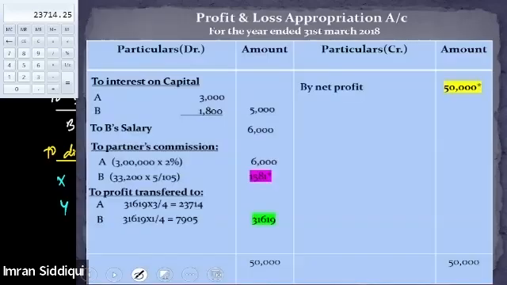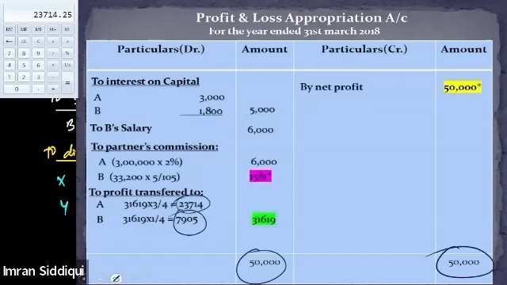Yes, this is it. Any doubts? No, sir. Done writing it, or you are still writing it? Done, sir. After this, you need to prepare the capital account. Do you think you'll be able to prepare the capital account for this question?